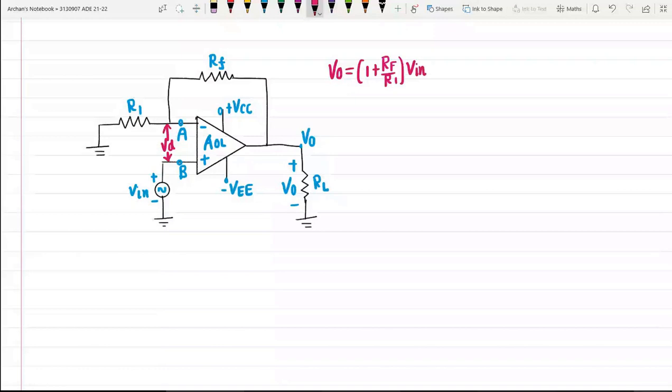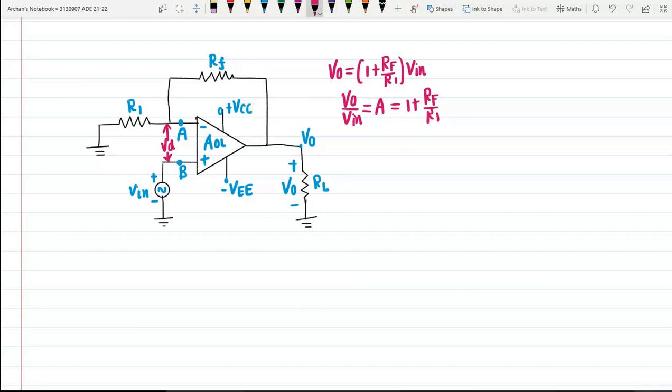Okay, that was the equation. Okay, so according to this equation, if we take the ratio of output voltage by input voltage, V0 by V in, it is called gain A, and it comes around 1 plus RF by R1. And this is the reason why we have concluded that in case of non-inverting amplifier, the gain will always be greater than or equal to 1.